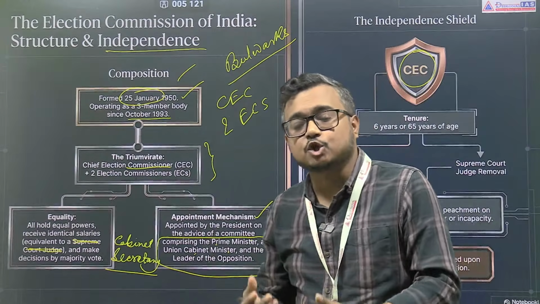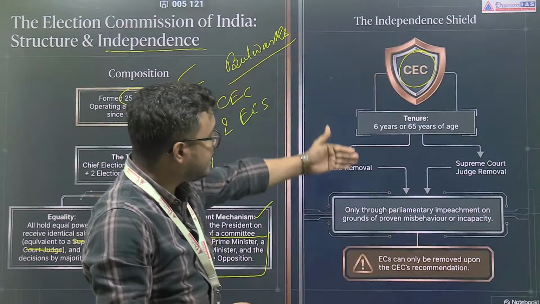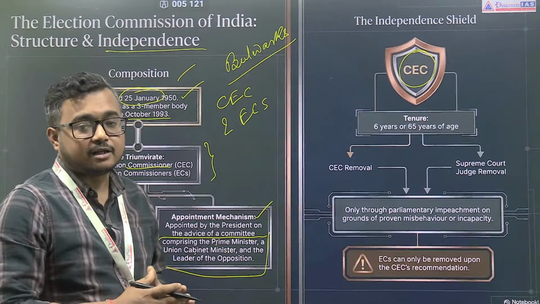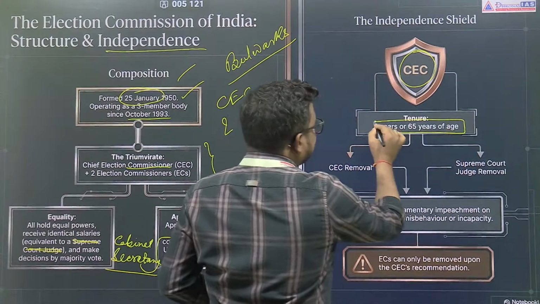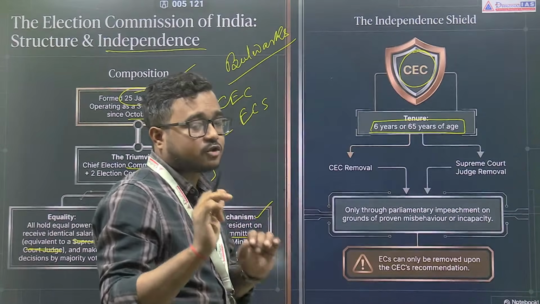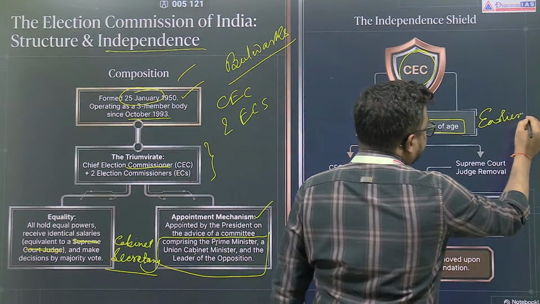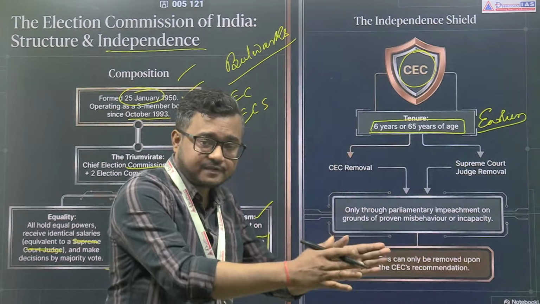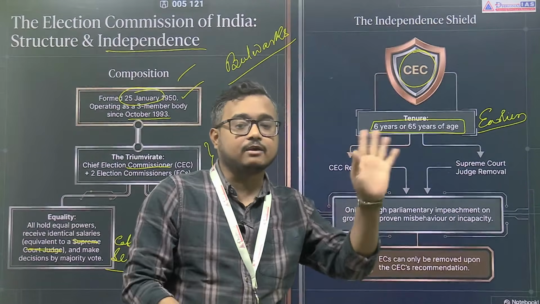At present, Mr. Gyanesh Kumar is the Chief Election Commissioner of India, and he will have certain independence. For example, the tenure is 6 years or 65 years of age, whichever is earlier. So 6 years in the office or 65 years of age, whichever is earlier, on that day he will retire, right?